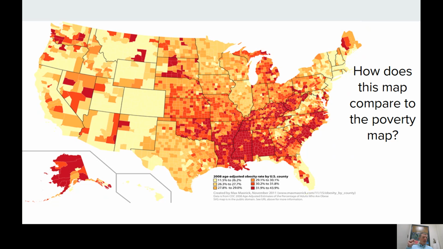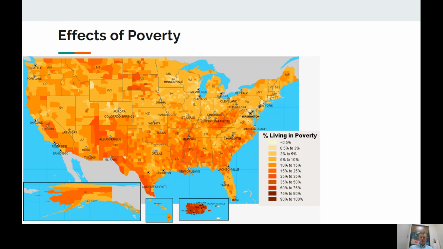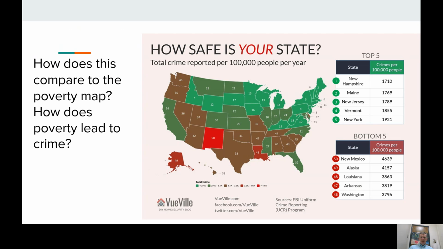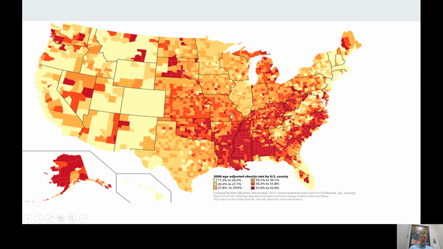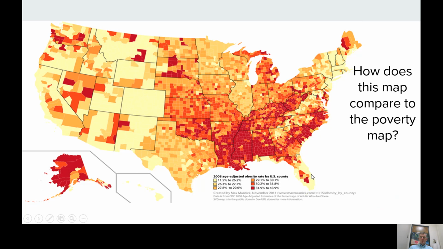If you compare that to the poverty rate map, there is a high rate of poverty in the South, and a high rate in Montana, North Dakota, and South Dakota. If we take a look at those regions, obesity is high as well. So how does this map compare to the poverty map? Well, there are large overlaps between the level of obesity and the level of poverty.